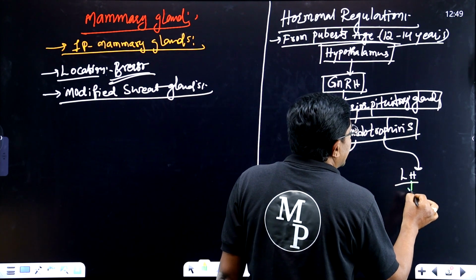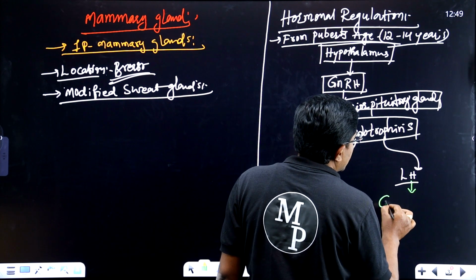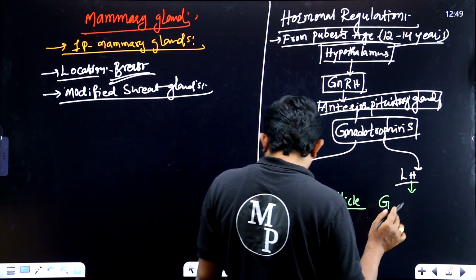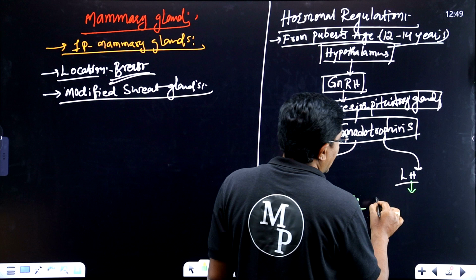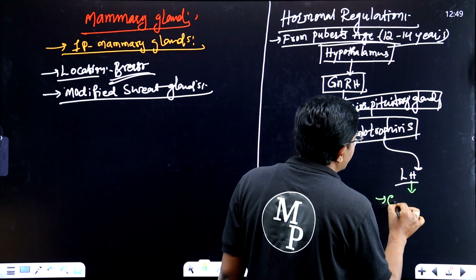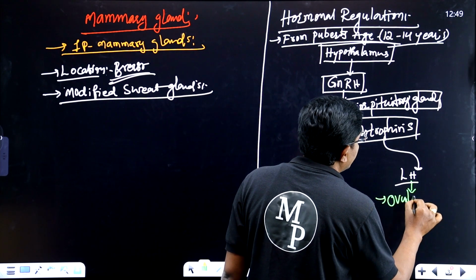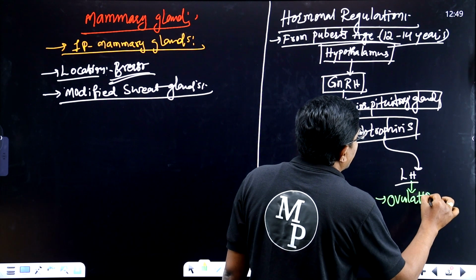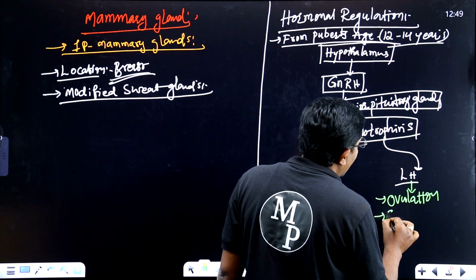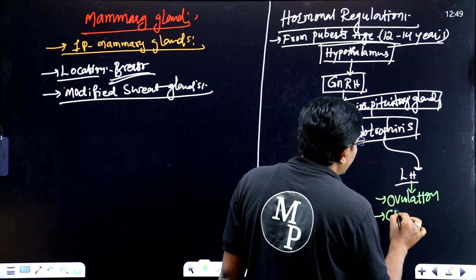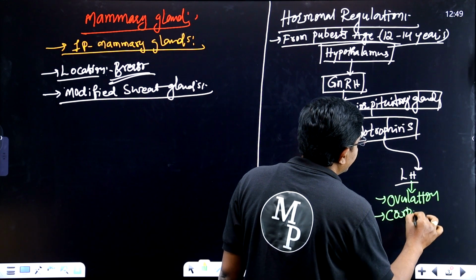Next, luteinizing hormone acts on the Graafian follicle. First, it helps in ovulation, and it maintains the empty Graafian follicle, that is the corpus luteum.